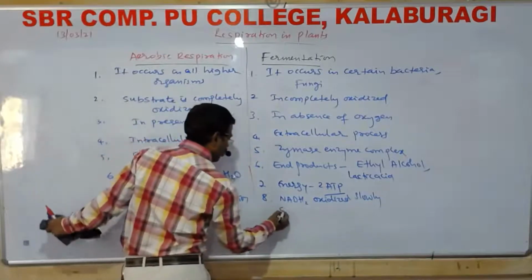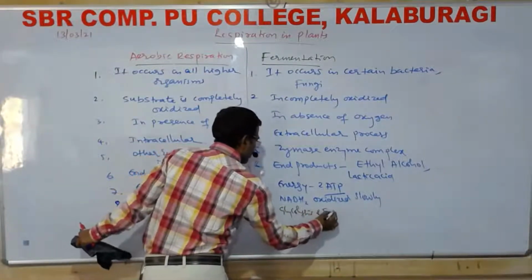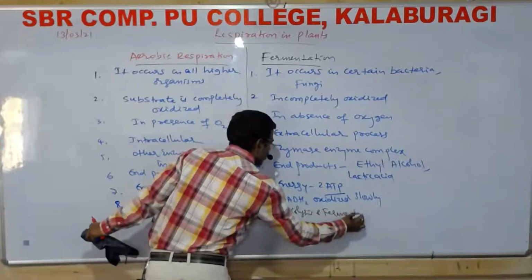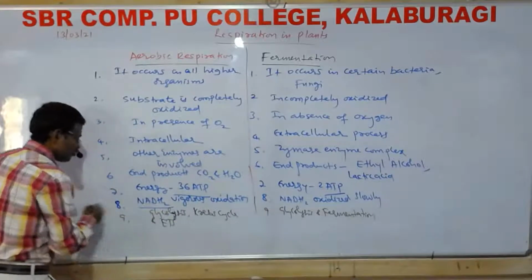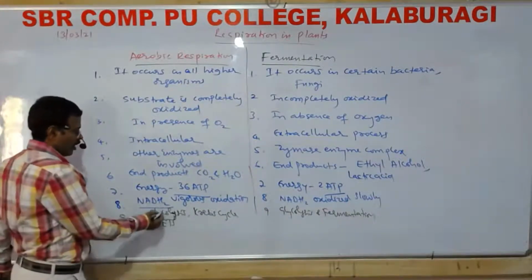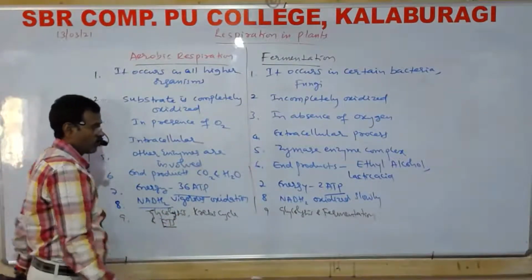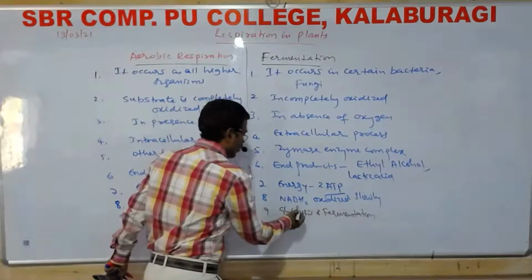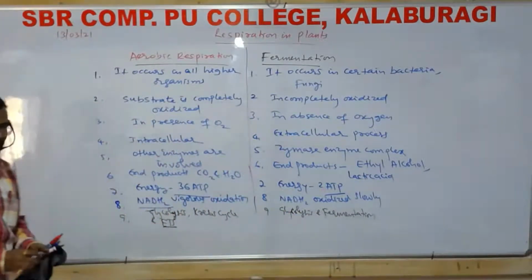Here it involves only glycolysis and fermentation. These are the sequential steps: glycolysis, Krebs cycle, and ETS, along with oxidative phosphorylation. Here, only glycolysis will be there with fermentation. So this is another difference.